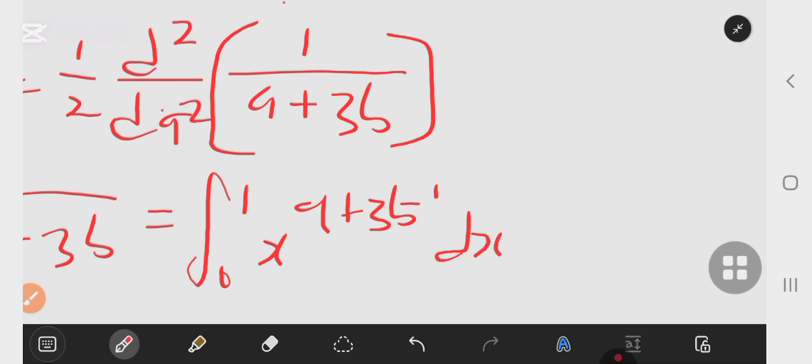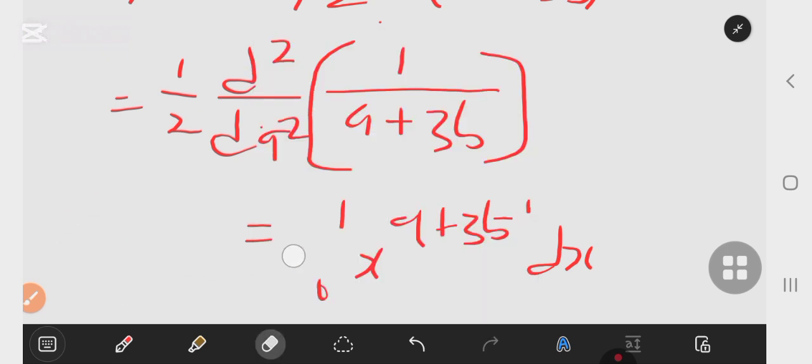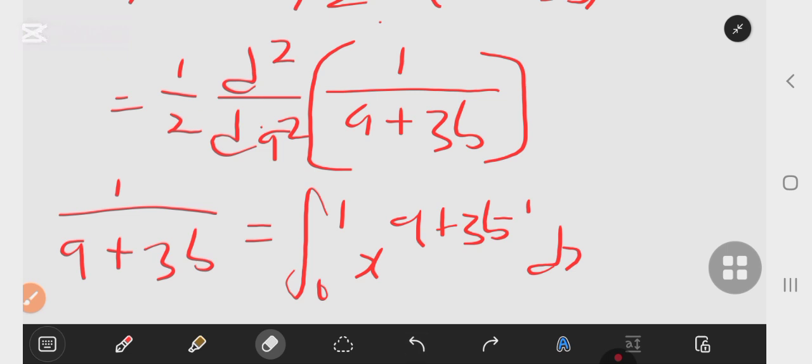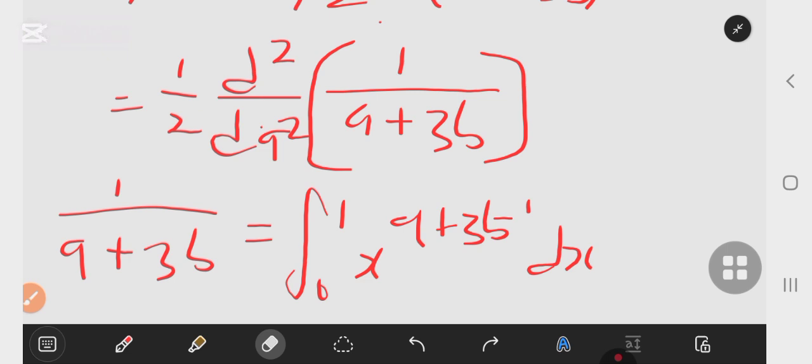So I'll just input it here. Let me erase this part.